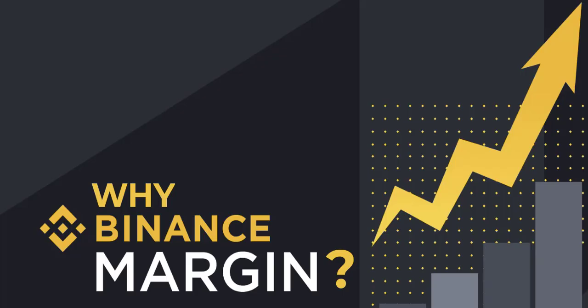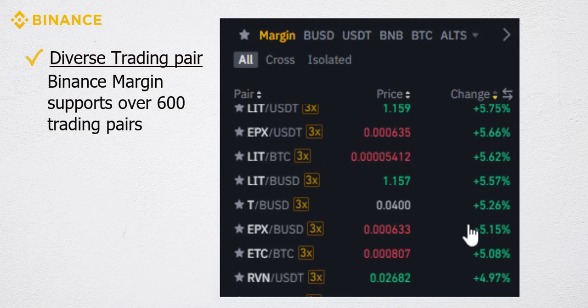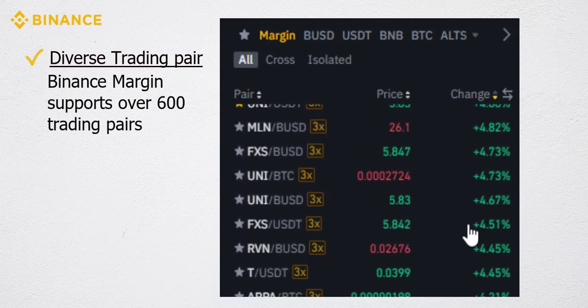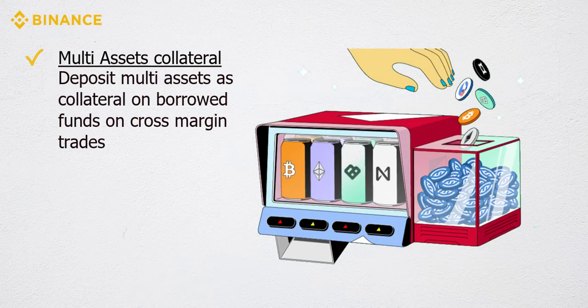Why is Binance Margin good for you? 1. Diverse trading pairs. Binance Margin supports over 600 trading pairs, including some trading pairs that are not commonly offered. 2. Multi-asset collateral. Margin users are able to invest multiple assets as collateral to borrow and trade on leverage.